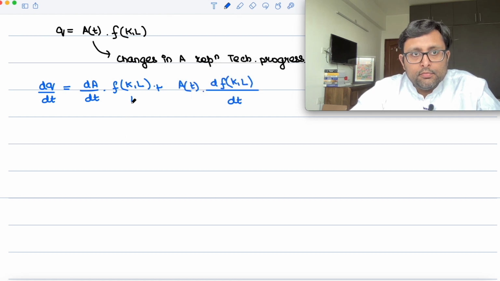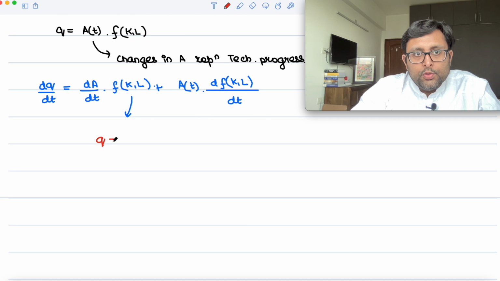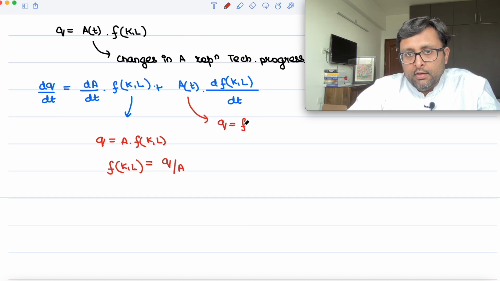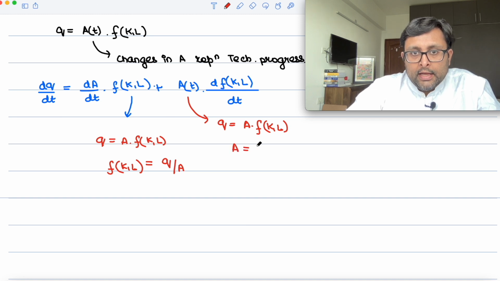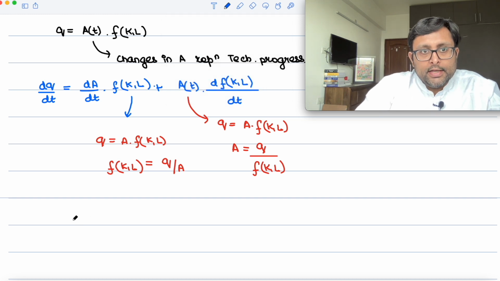You tell me one thing, guys. We have Q is equal to A into f of K, L. So if I want to write f of K, L, I can write it as Q by A. And if I want to write the value for A, I can write Q upon f of K, L. That I can do, and that's what I have done in the next step.